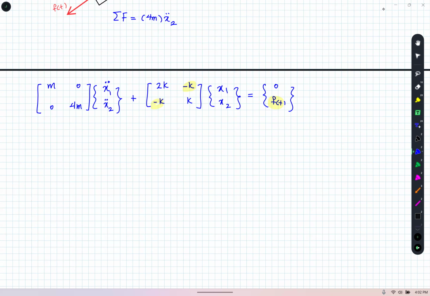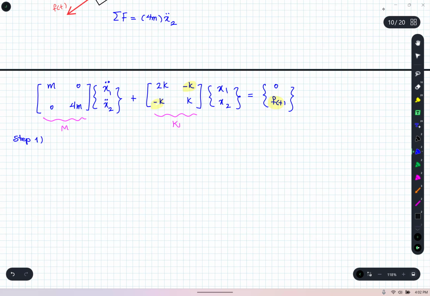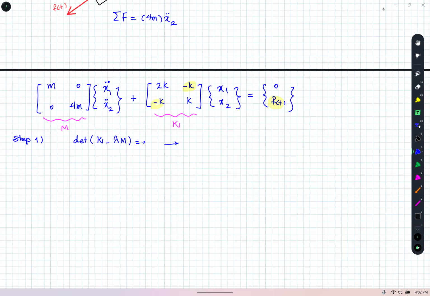Step number 1, you find your natural frequencies. That's the easy part. If this is my mass matrix and this is the stiffness matrix, simply the determinant of K minus lambda M equal to 0, and here you'll find your lambda 1 and your lambda 2.